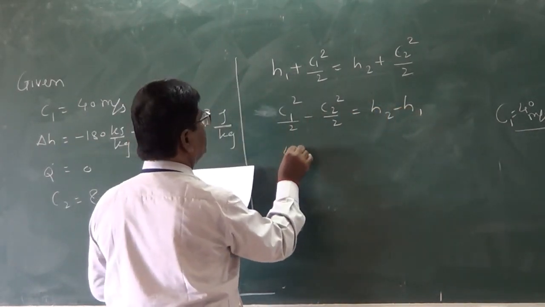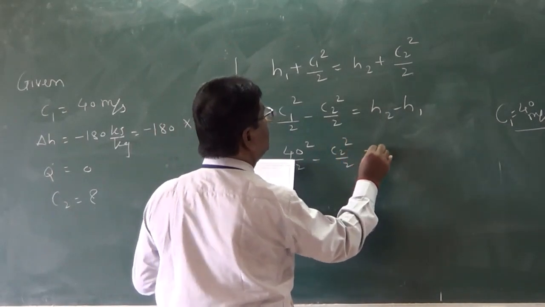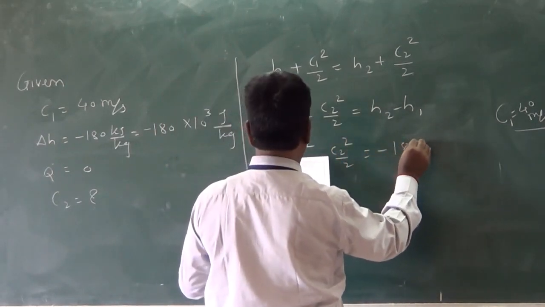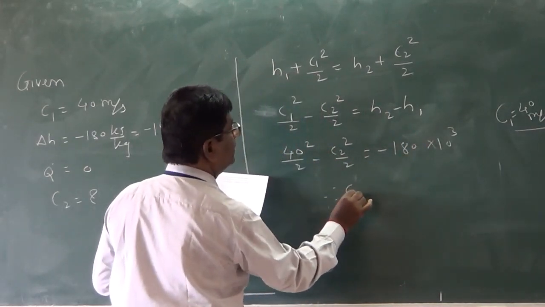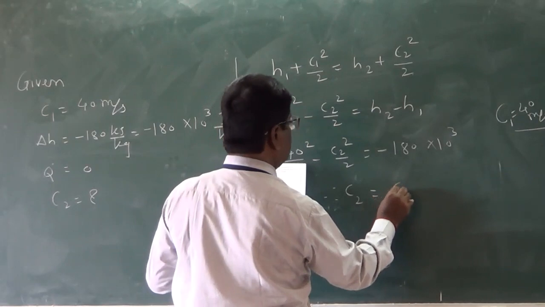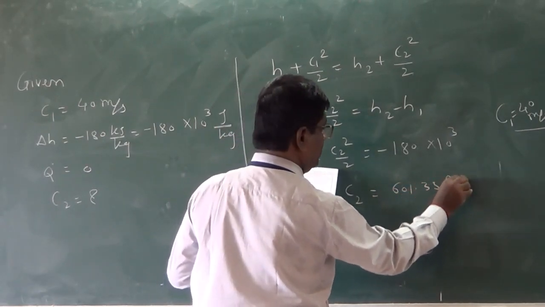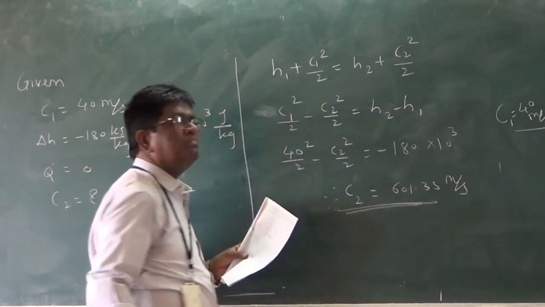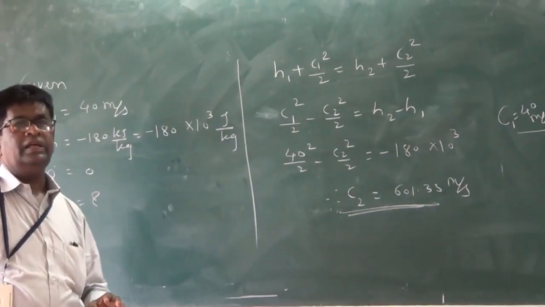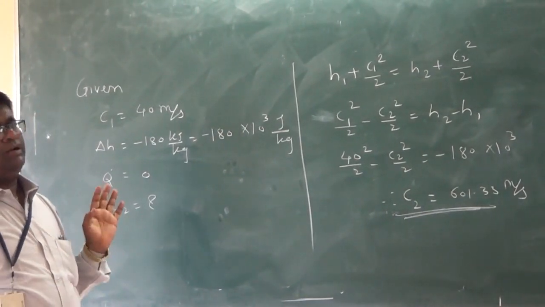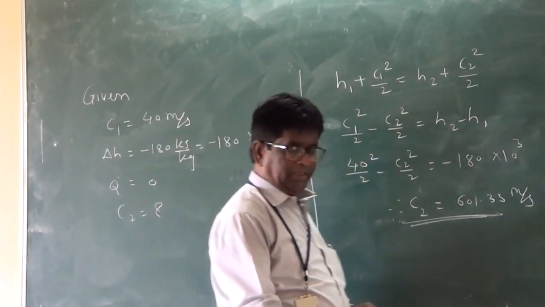So 40 square divided by 2 minus C2 square divided by 2 is equal to minus 180 into 10 raised to 3. By calculating, C2 is equal to 601.33 meters per second. So in this way we have calculated the exit velocity of the nozzle. Okay, so this completes the 3 examples.